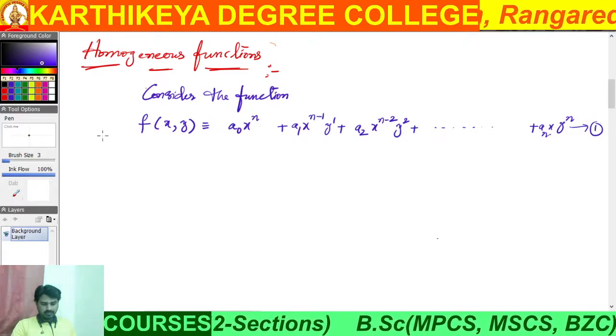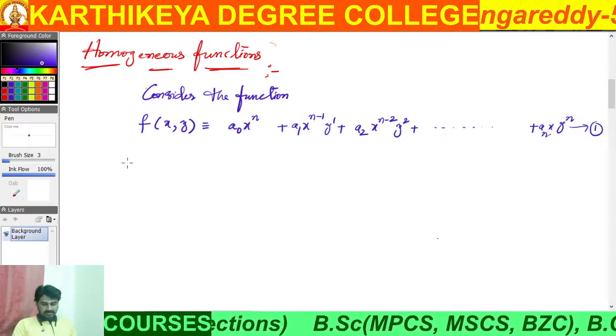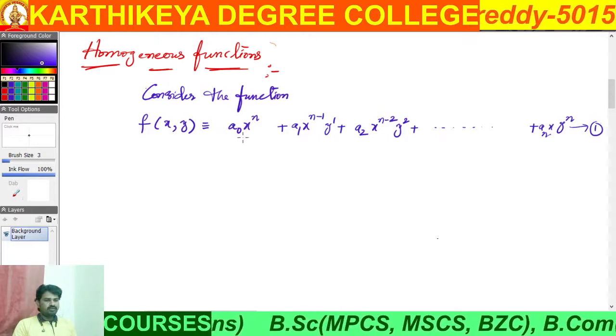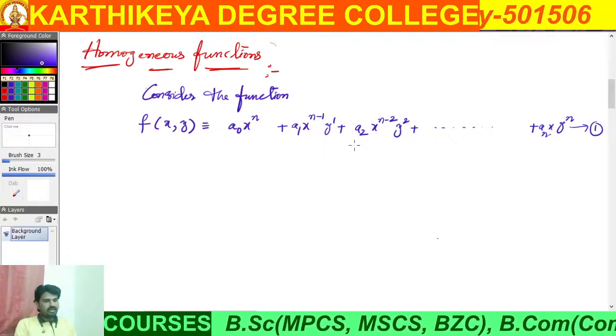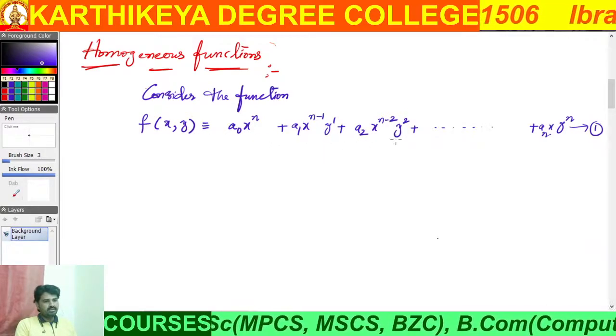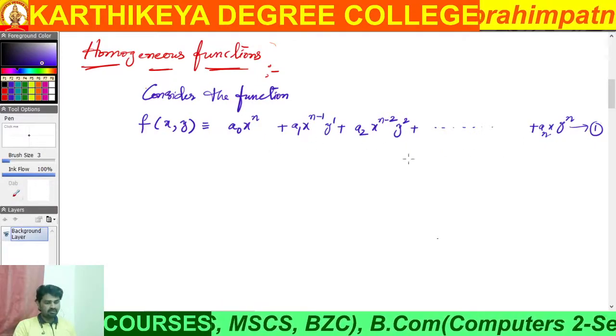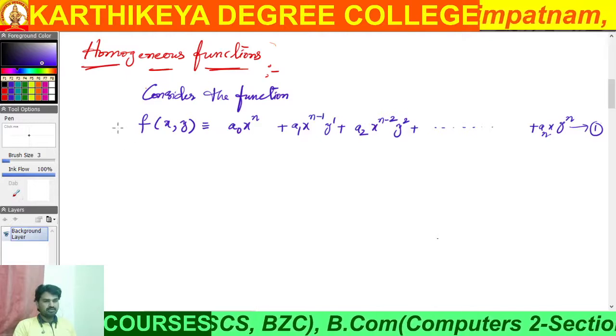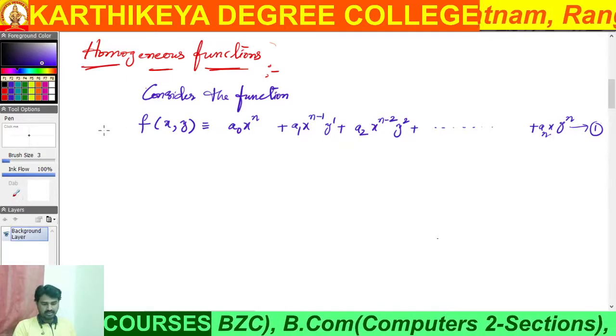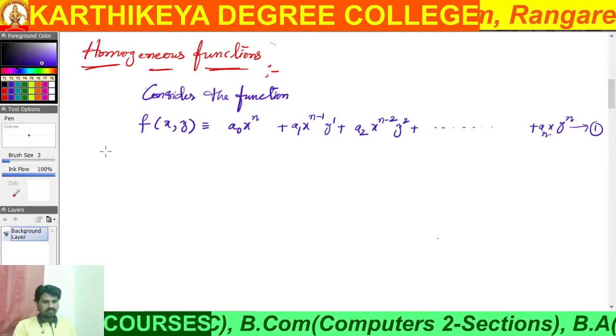We see that this expansion f of xy is a polynomial in x and y, such that the degree of each and every term will be the same.